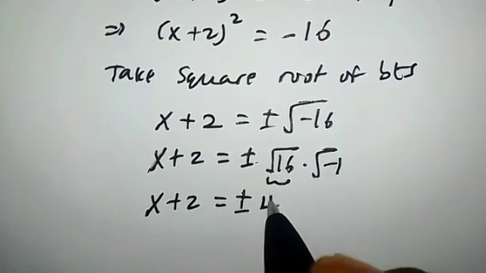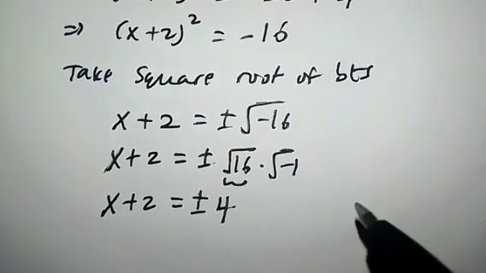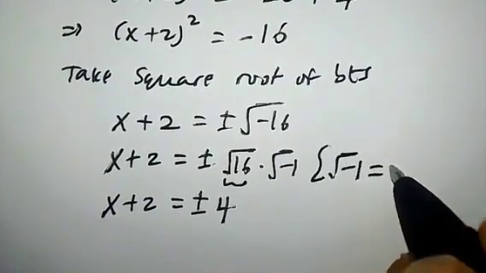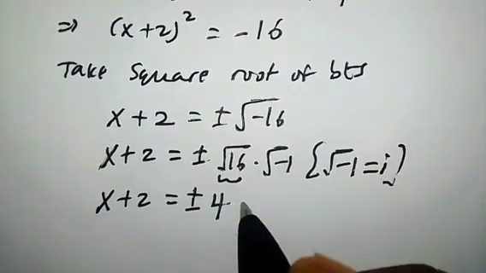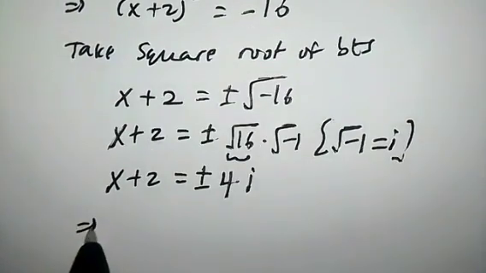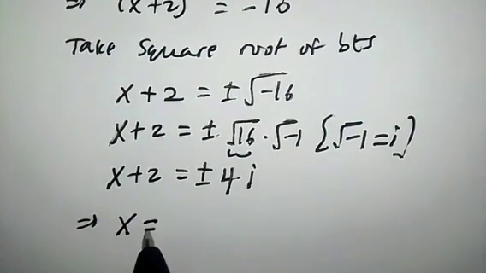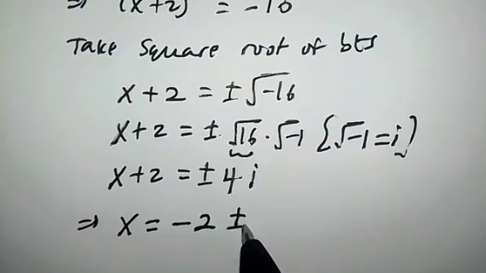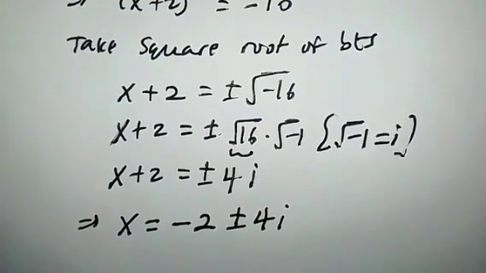That is simply 4. And don't forget, from complex numbers, square root of minus 1 is equal to i. So we have i here. This implies that x is equal to minus 2 plus or minus 4i.